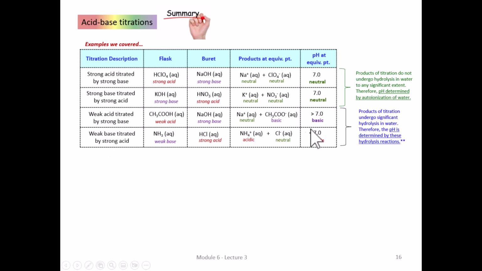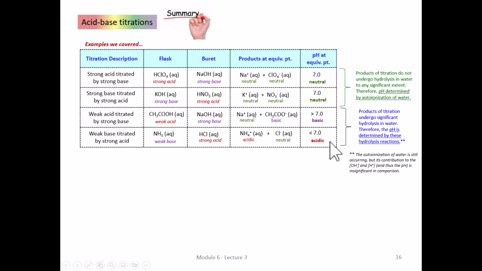In these final 2 cases, the products at the equivalence point, or I should say at least one of them in this case, could undergo significant hydrolysis in water. So the pH is determined by these hydrolysis reactions, hydrolysis in this case of acetate, in this case of ammonium ion, and not simply by the autoionization of water.